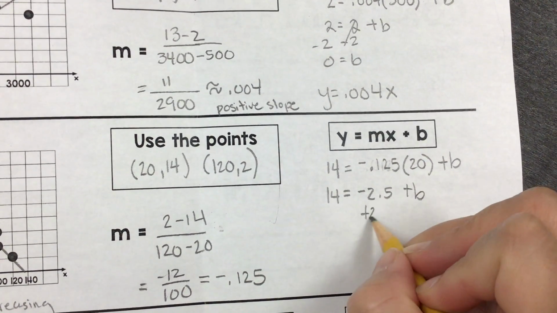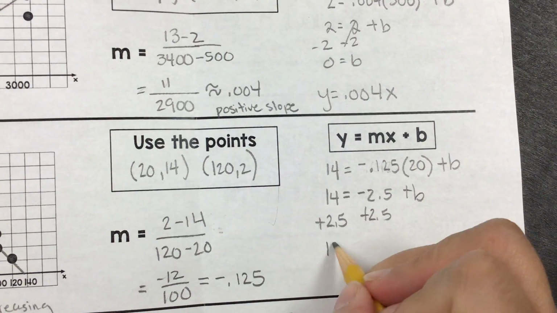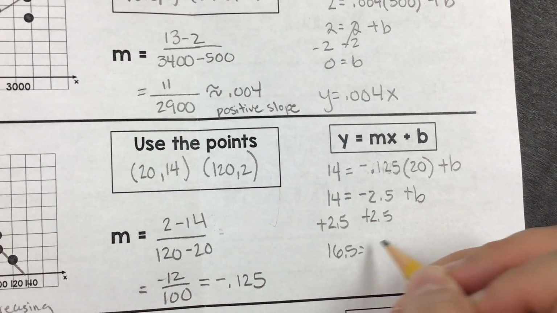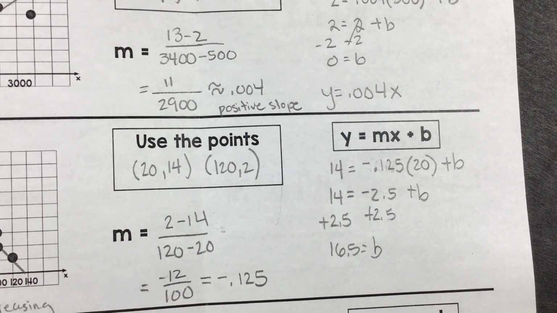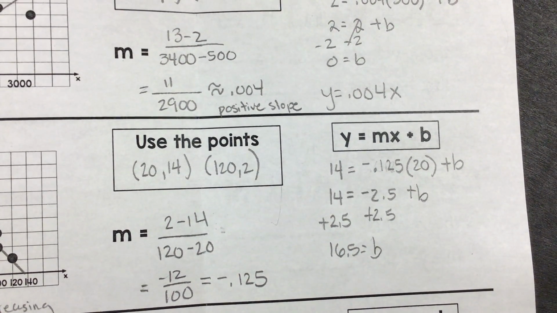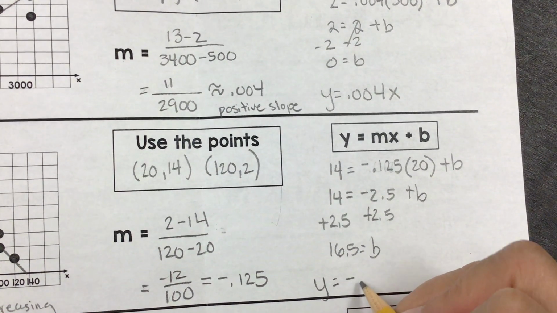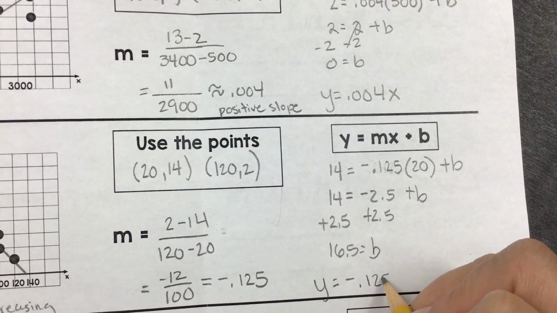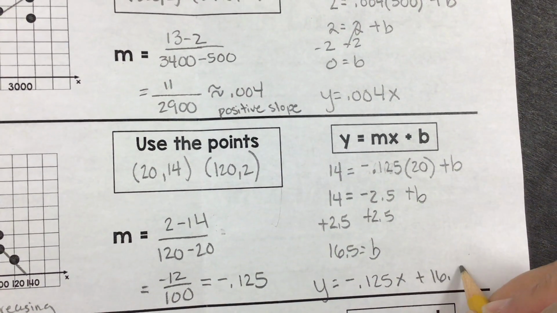We're going to add 2.4 to both sides. 16.4 is equal to b. So that means that my equation of best fit is y is equal to negative 0.12x plus 16.4.